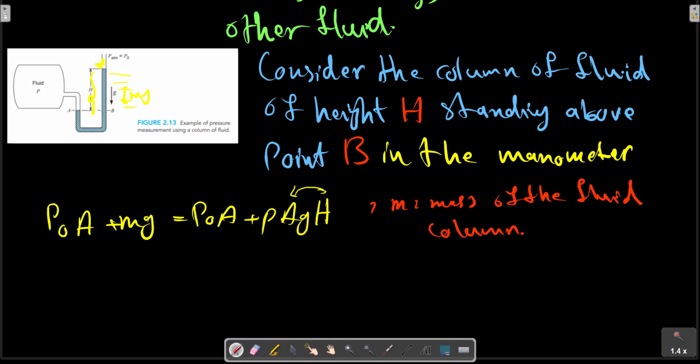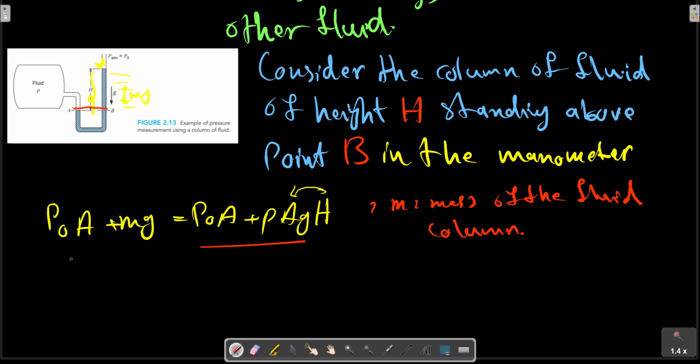Thus, this force must be balanced by the upward force at the bottom of the column, which is P, for example here, PB A equals F.